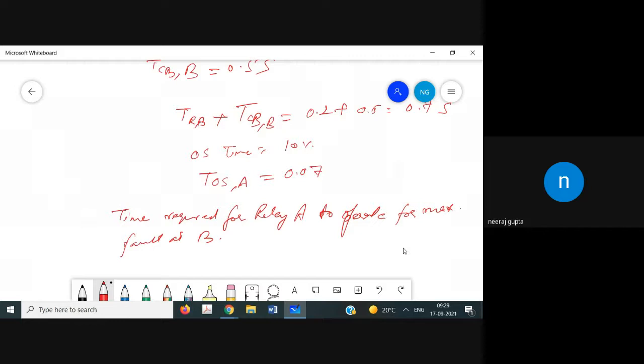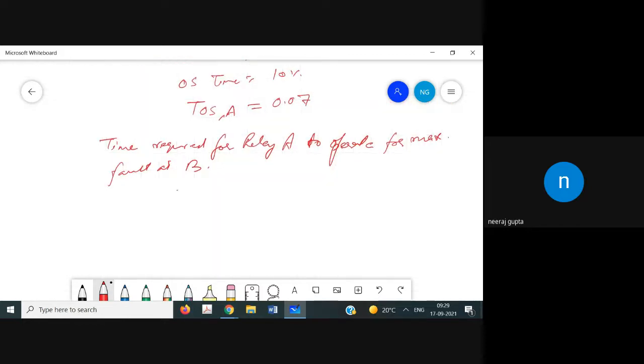So this is the TRA for the maximum fault at B: 0.2 plus 0.7 plus 0.07, which equals 0.77 seconds.